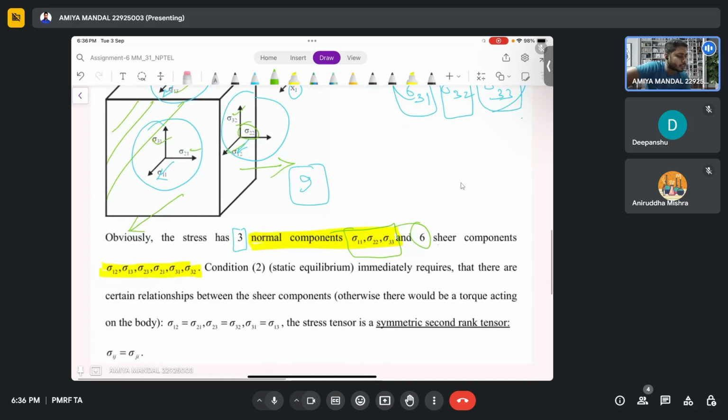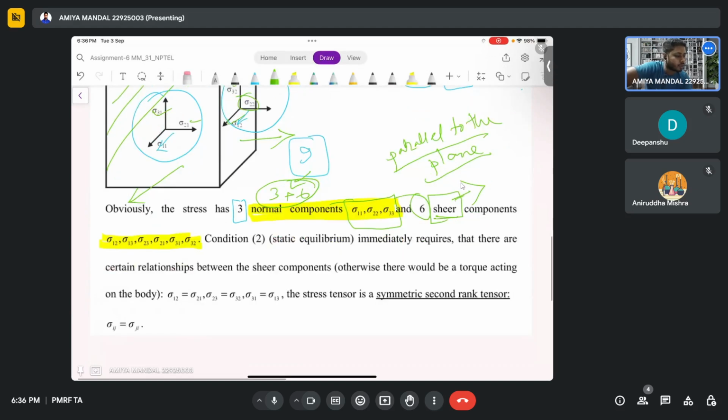These are called the shear components. Shear components are always parallel to the plane. So we have divided the 9 components into 3 plus 6: normal and parallel, that is, shear.